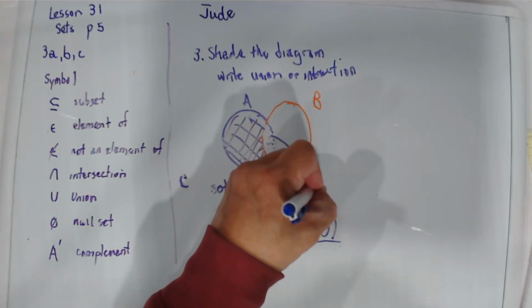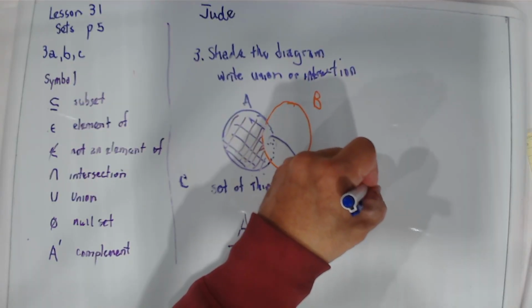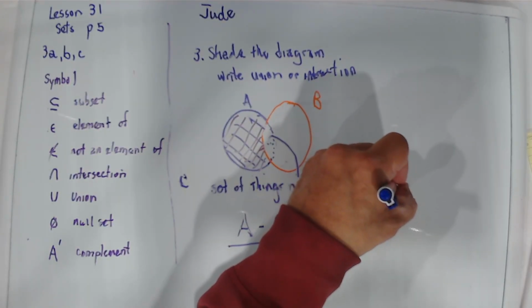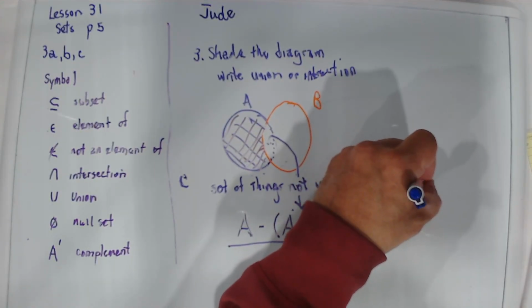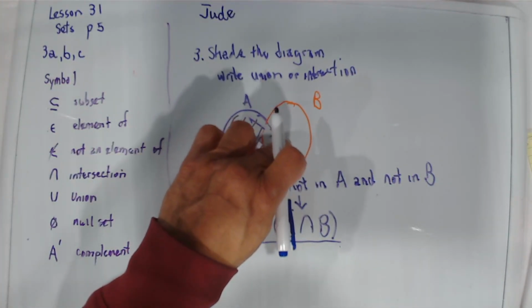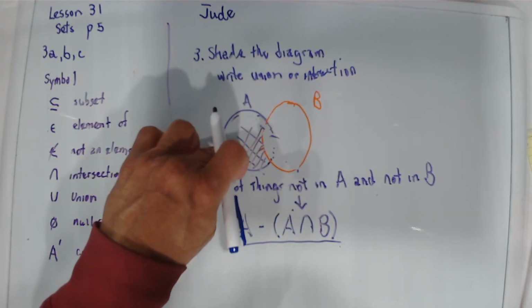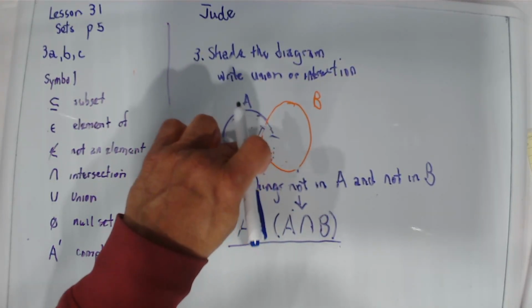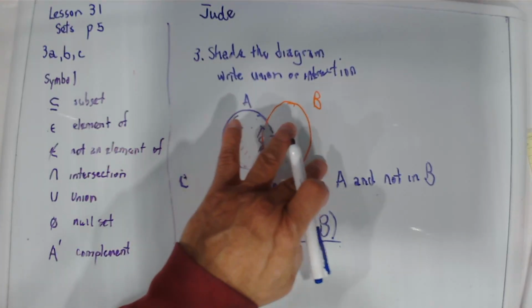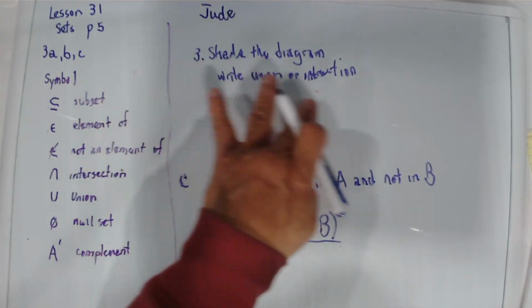Not in A and not in B. Okay, so I'm going to erase that, and redraw this so we can see it a little bit better.